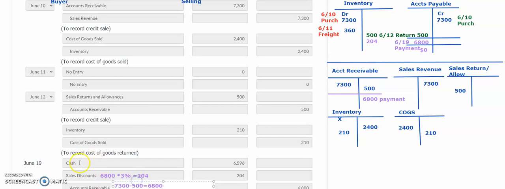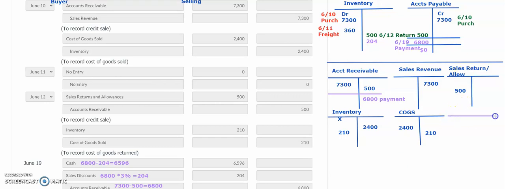The cash that we receive is just going to be the dollar difference. So our dollar difference is going to be $6,800 minus $204 for that discount. And we're going to have a debit to cash because we're receiving money from our customer.